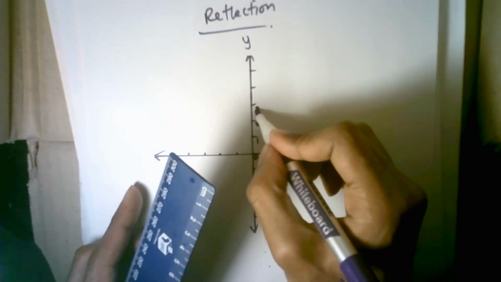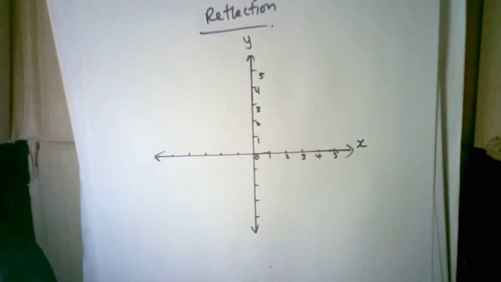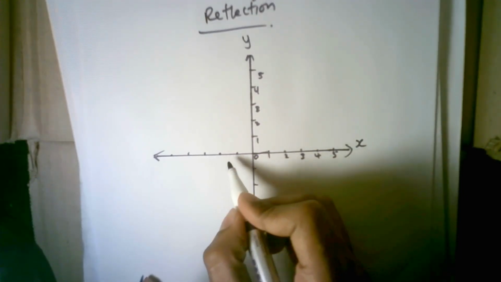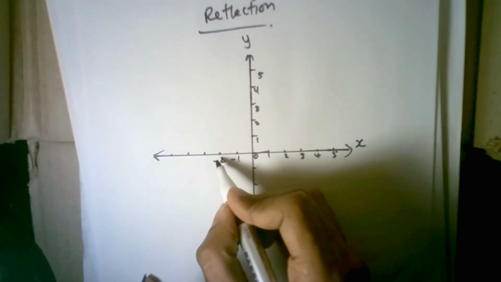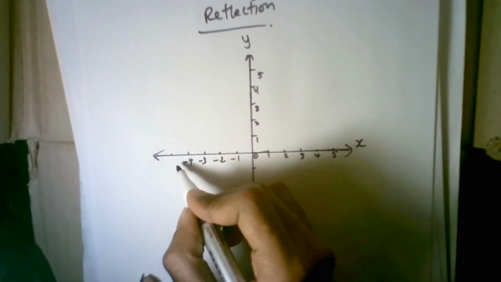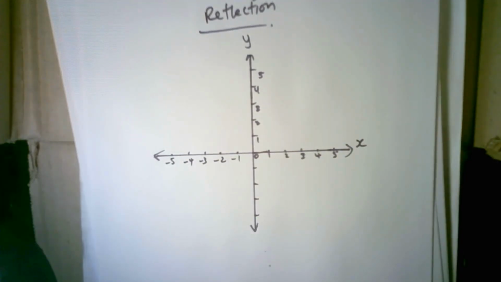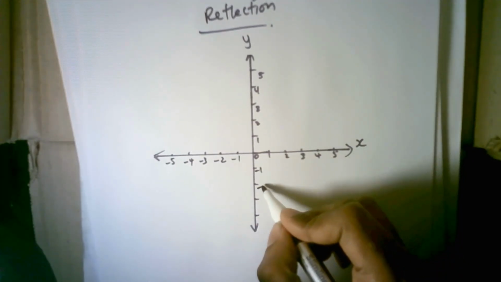To the right of 0 is your positive values, by the way, because remember there's also decimals in there, so it's not limited to only integers. And above 0, the y-axis, those are your positive values as well. To the left of 0 on the horizontal axis is your negative values, and below 0 on the y-axis is your negative values as well.